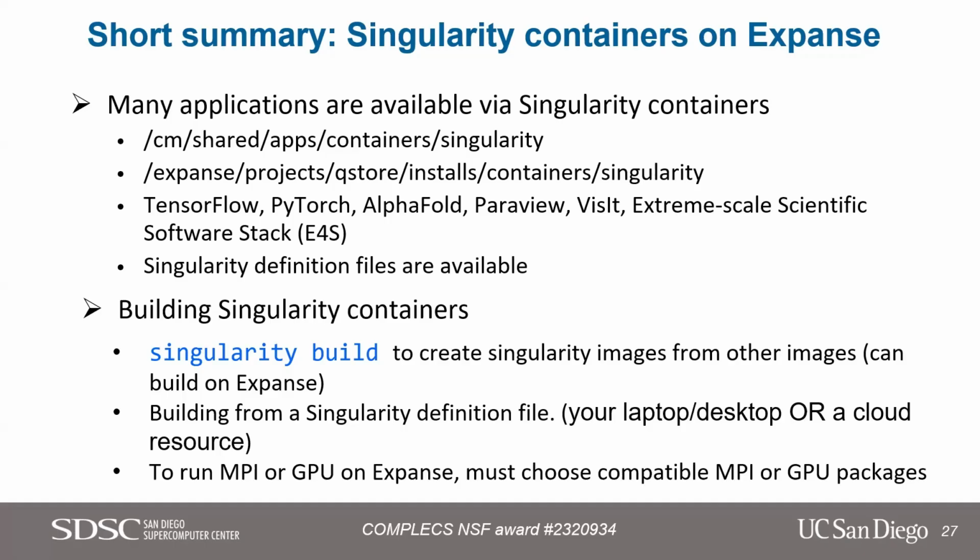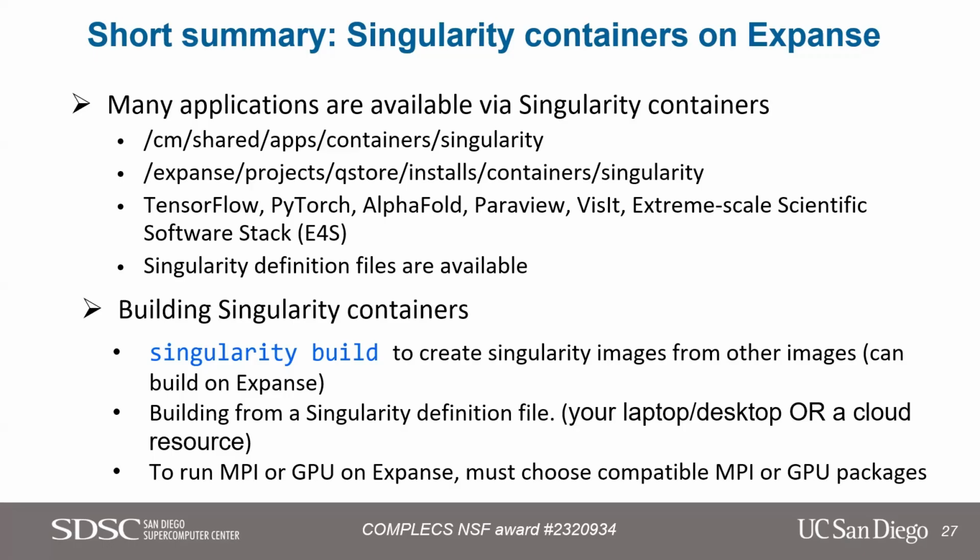And I also introduced how to build the Singularity containers with the Singularity build command, but that command can only run on Expanse when creating the Singularity images from other images on some repositories like Docker Hub.